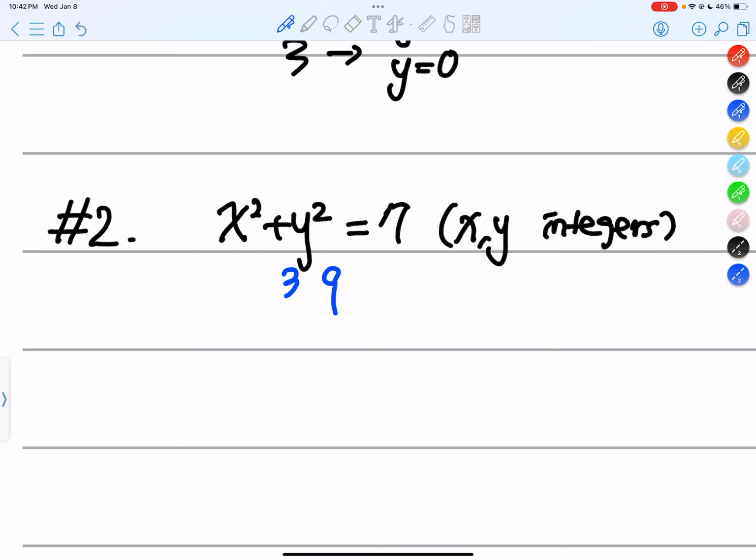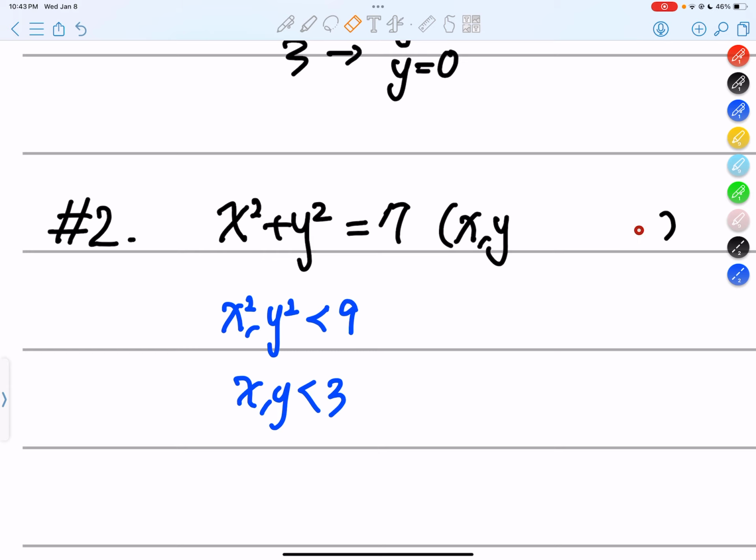X squared cannot be negative. And so that means both of our numbers have to be less than 9, right? That's what happens because you can't put 3 into any of them. So x squared and y squared have to be smaller than 9, not equal to. So x and y have to be smaller than 3. Let's say x and y are natural numbers, actually.